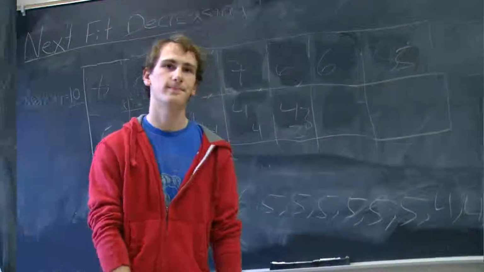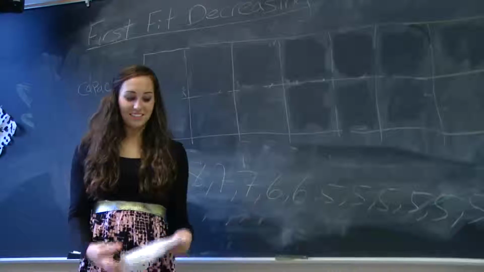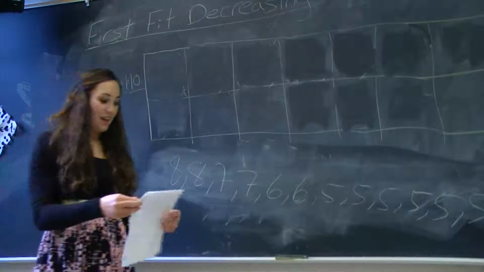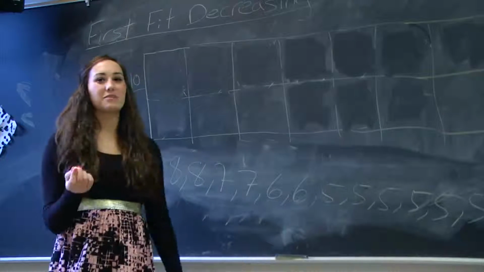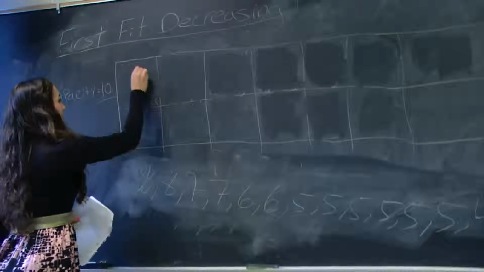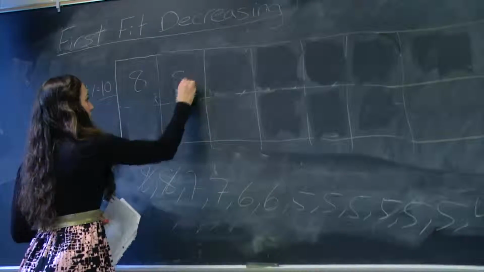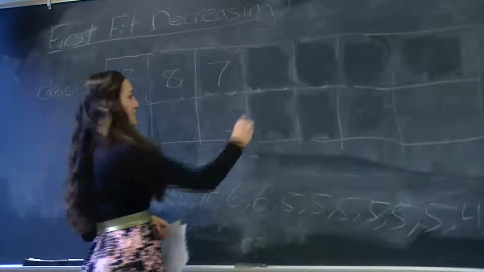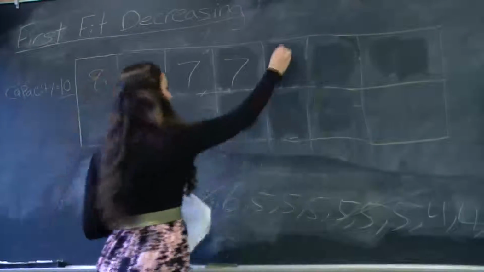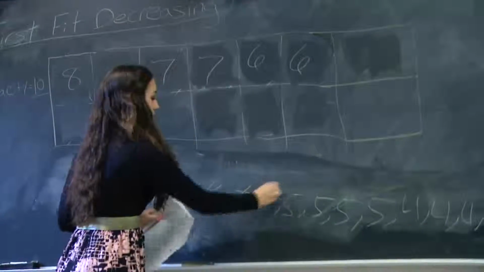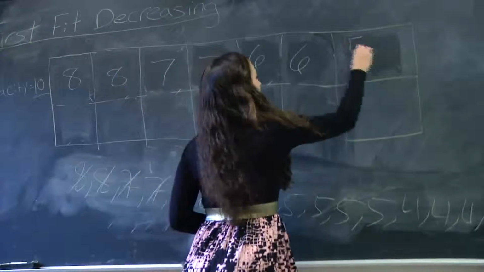Our next one is first fit decreasing, and you're just going to put the data in order again, and then whenever there's room, you just put the next number that can fit into the same box. So we're going to start off with the 8s. And then just keep going because it exceeds the limit. And then the 5 and the 5 can go in the same box to get 10.